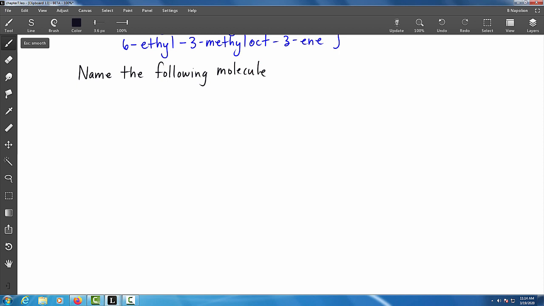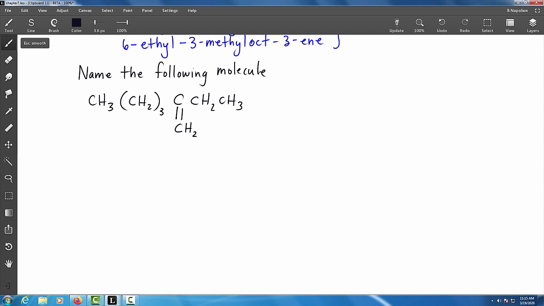Okay, so if we're given a CH3 that has 3 CH2 groups bonded to it, that's C doubly bonded to a CH2, and this is bonded to a CH2CH3. How would we name this structure?